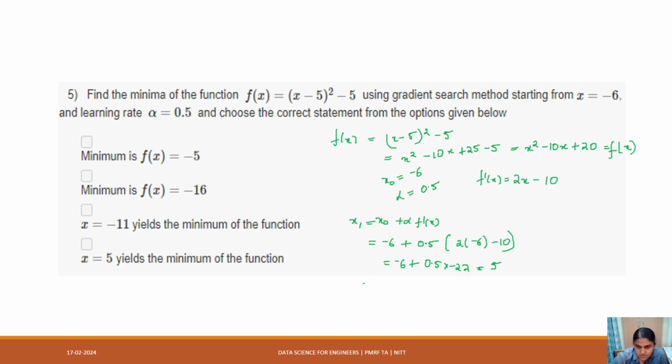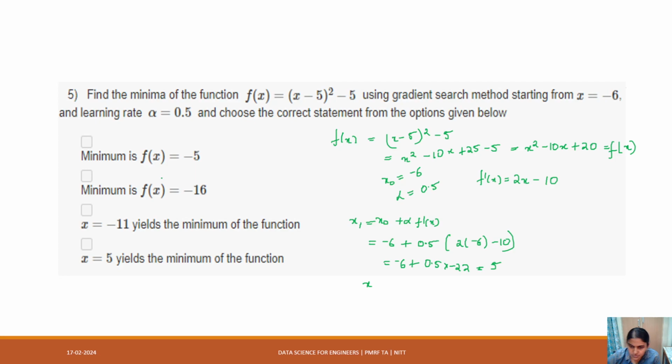Now the next one, we are asked to find out the minimum of f of x. Maximum, minimum, everything is written, right? So f of x1 you can find out. Find the minimum of the function we are asked. So x1 and x2 also we will find.